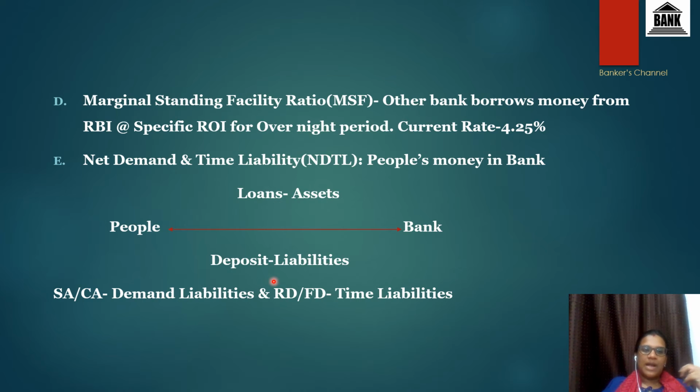Next, we will have a look at net demand and time liabilities, but before that, CRR and SLR. First of all, we need to understand one process involved between people and banks. If people deposit money in a bank, it is an asset for the people but a liability for the bank, because the bank needs to return that money whenever people demand it. Whenever people get a loan from a bank, it is a liability for the people but an asset for the bank.